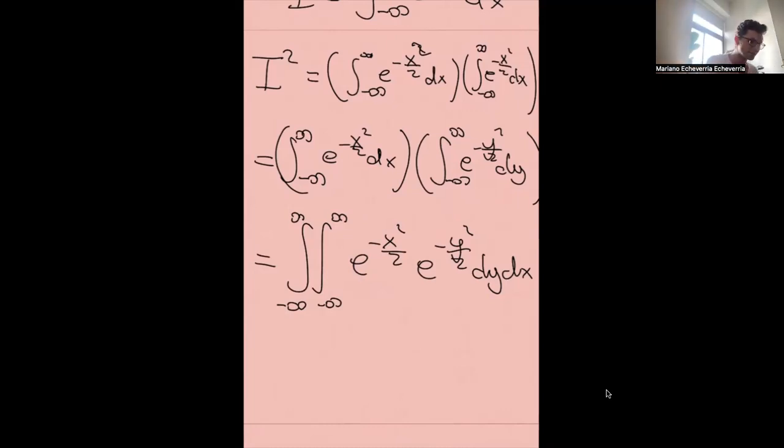So what I'm trying to say is that I'm using this property that the integral from a to b, c to d of f of x, g of y dy dx is the integral from a to b of f of x dx times the integral from c to d of g of y dy.